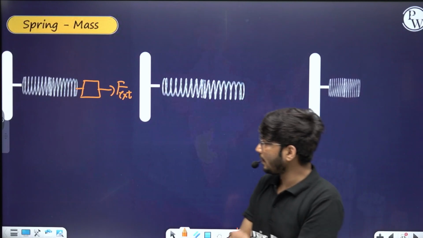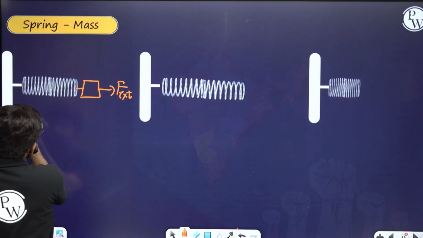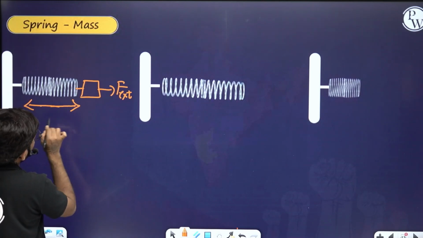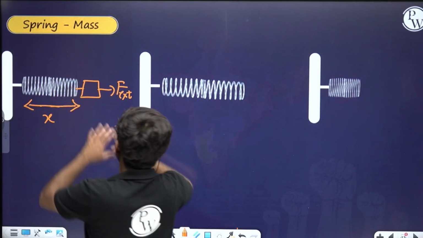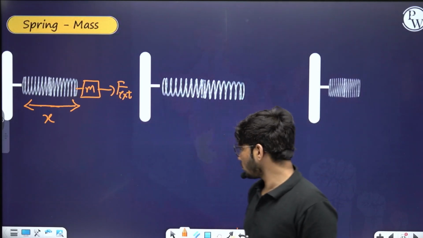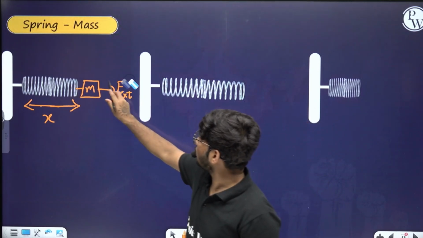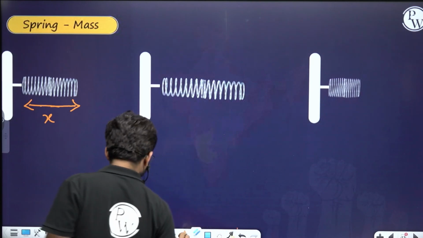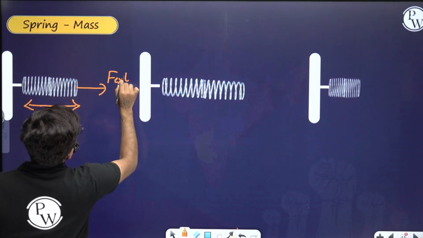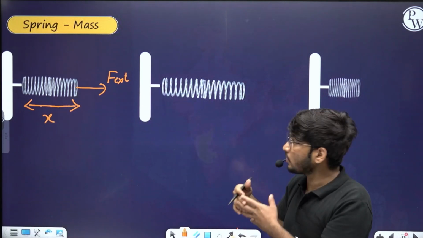So in this case, right, initially the original length of the spring was L. When I applied this external force, what happened? This spring is going to expand, right?